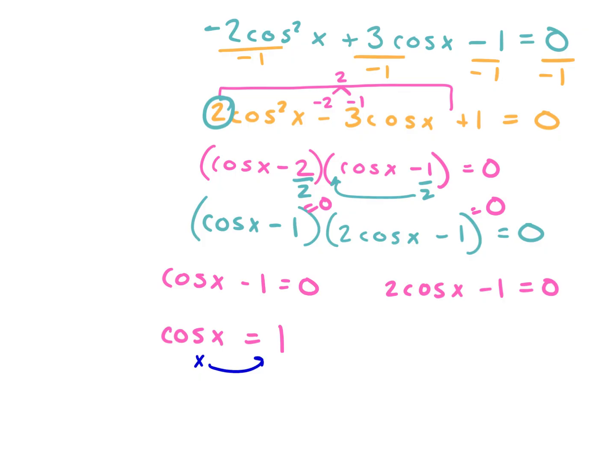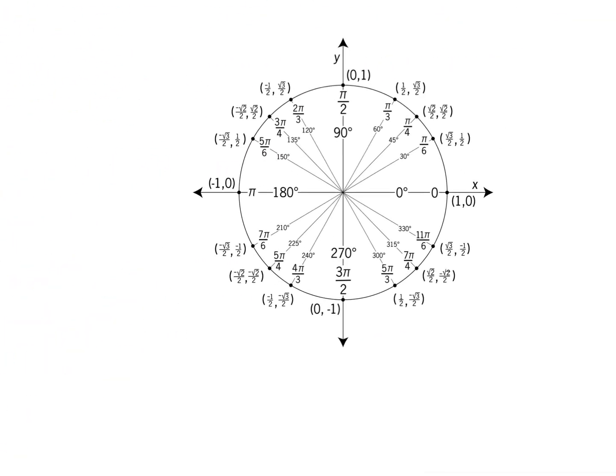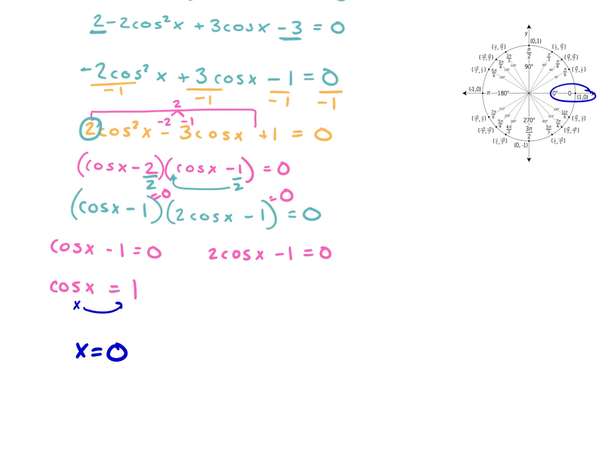So where on our unit circle is our x value 1? Where on the unit circle is our x value 1? 0. Awesome. So our first answer is going to be 0. That's it for 1.